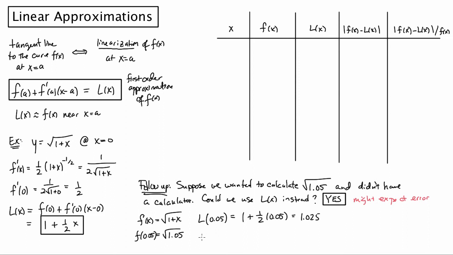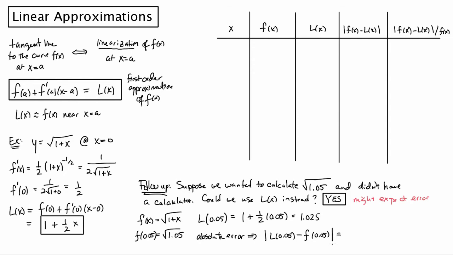Well, the question of how good did we do is a question of what is the absolute error. And you calculate absolute error by looking at the difference between your approximation and the actual value, which is the function.